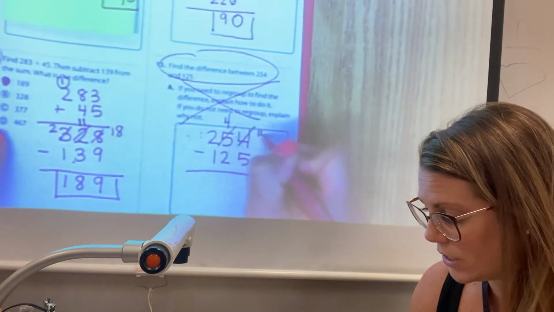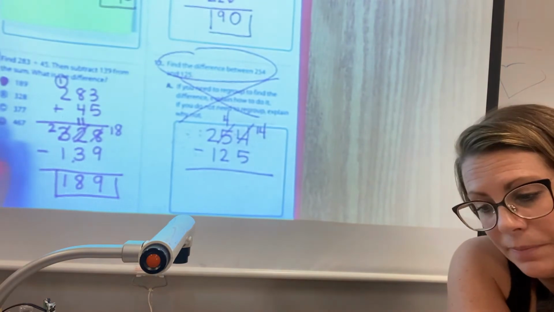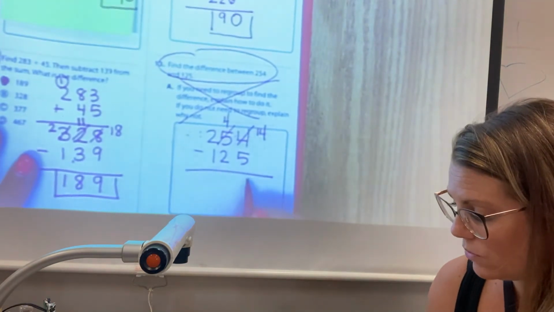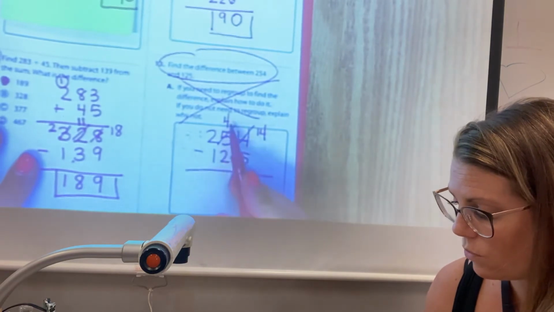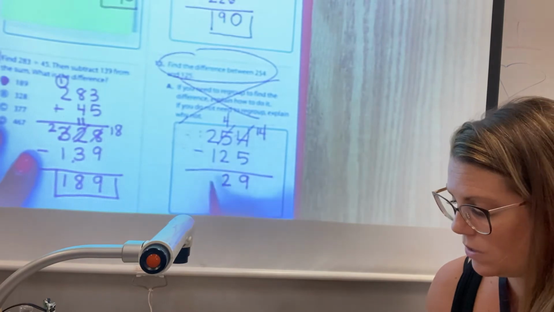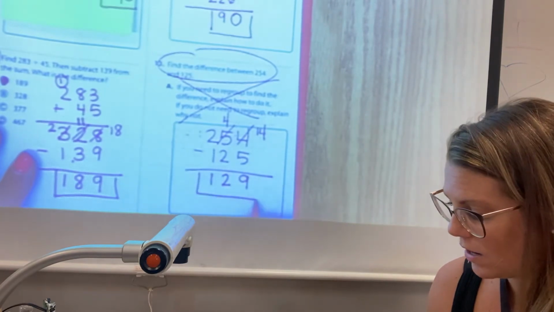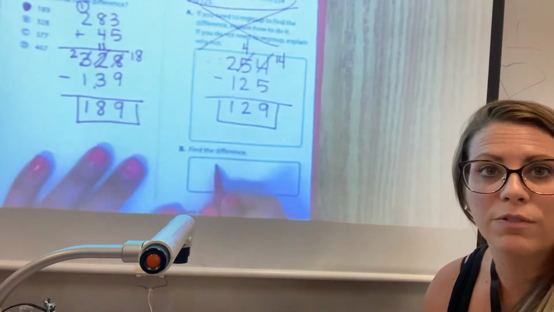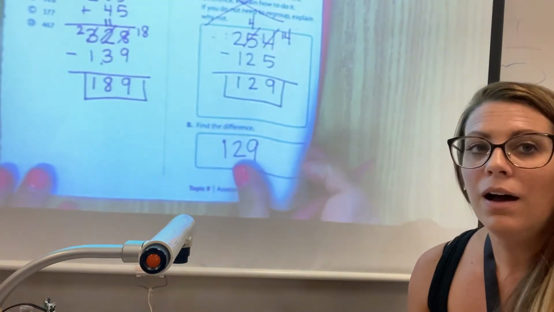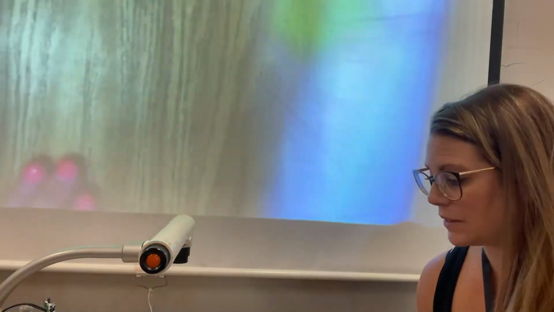The 4 turns into a 14. So 14 minus 5 equals 9. 4 minus 2 equals 2. And 2 minus 1 equals 1. You should have gotten 129. You could have written it down here too. If not, that's fine. Oh, we're almost done.